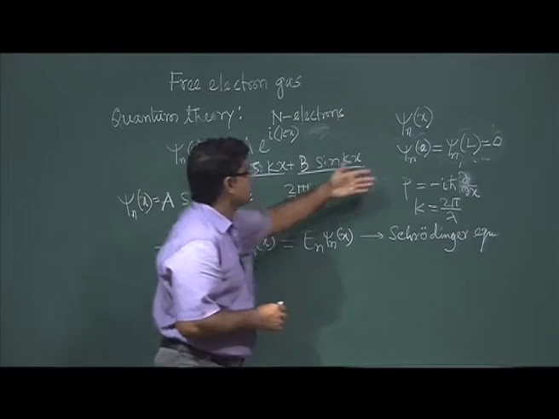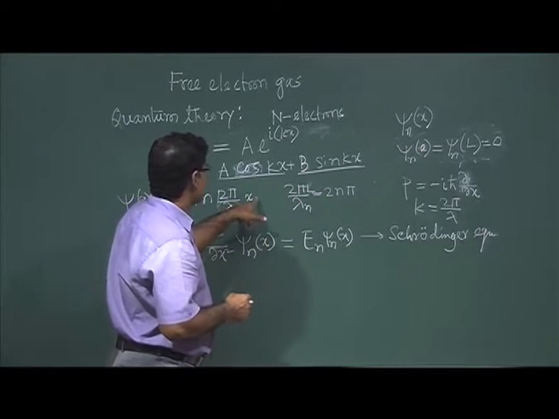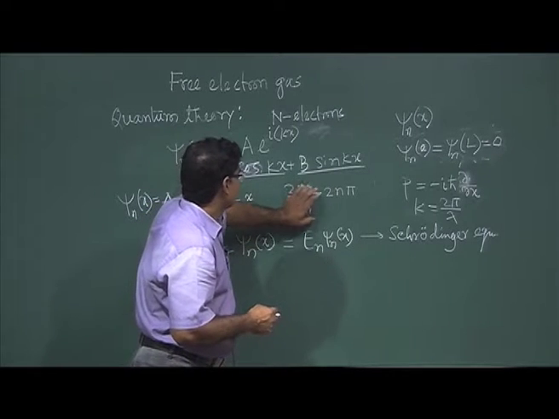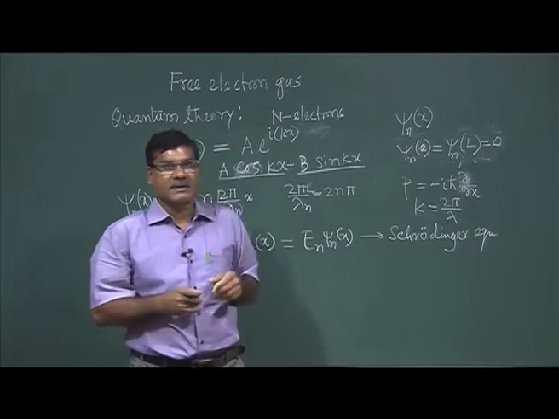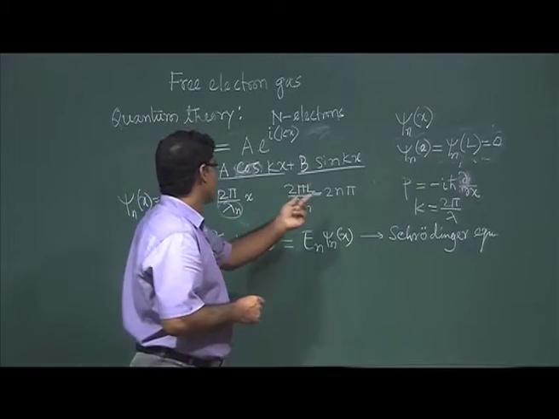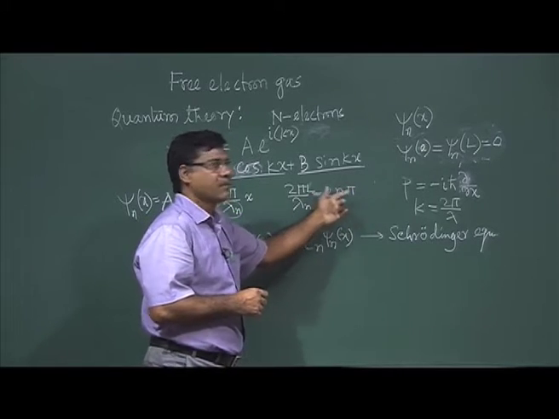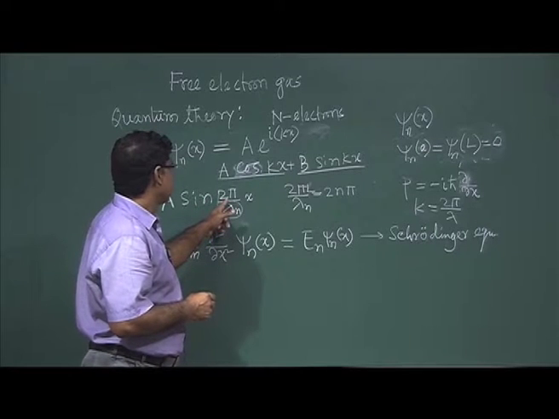For x equal to 0 it is obvious this will be 0, and for x equal to L, if this is 2 n pi, with n an integer 1, 2, 3, so 2 pi, 4 pi, 6 pi, whatever.